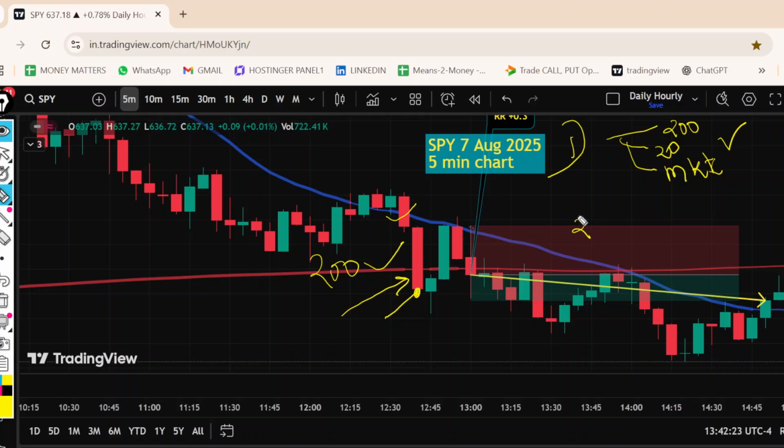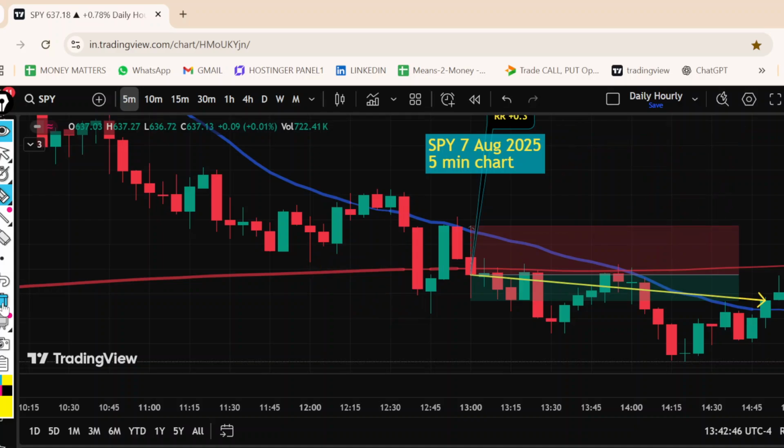But in this case, what has happened is the top is 20, next is 200, and then there is the market. So there is a flip between the 20 and 200 moving averages. The ideal scenario when we are taking short trades is 200 above, next one should be 20, and third one should be the market.